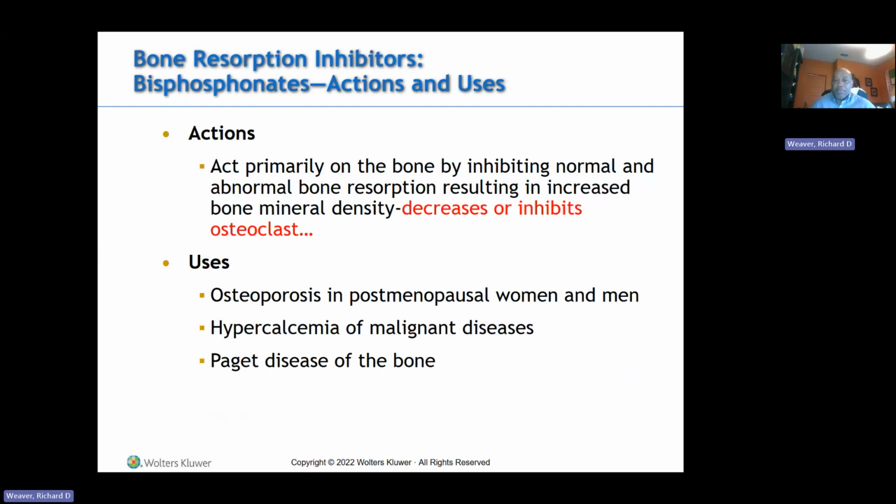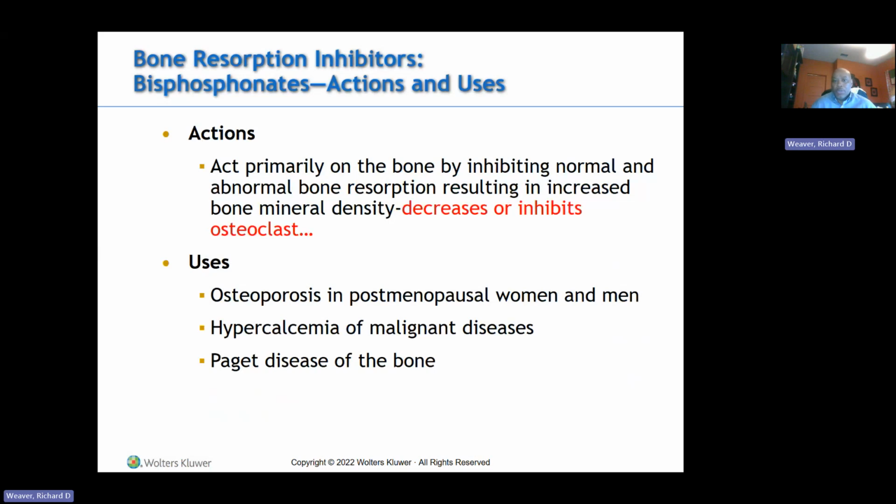So when we give these particular drugs, especially in patients whose cancer is causing the release of calcium from the bones into the bloodstream, these drugs will cause more of an osteoblast situation, where the calcium that is in the blood in high amounts is being added back to the bones and causing the bones to be stronger again. All right.